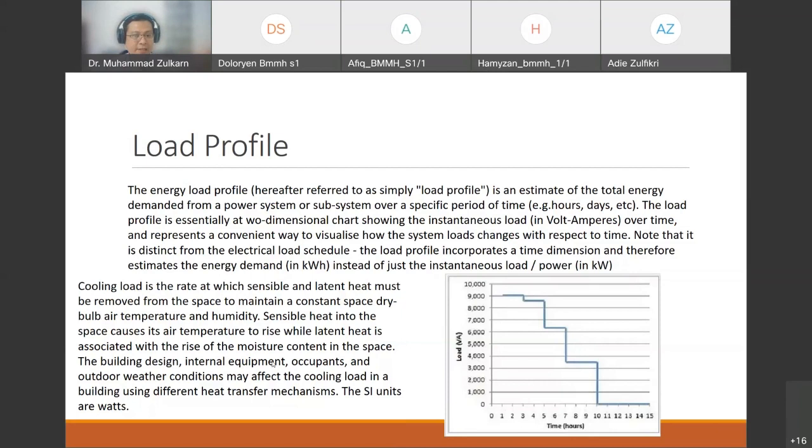The sensible heat into the space causes air temperature to rise, while latent heat is associated with the rise of the moisture content in the space. The building design, internal equipment, and outdoor weather conditions may affect the cooling load in a building using different heat transfer mechanisms.